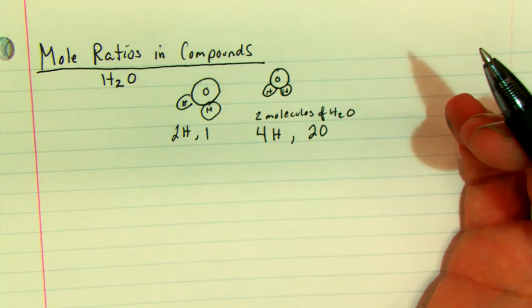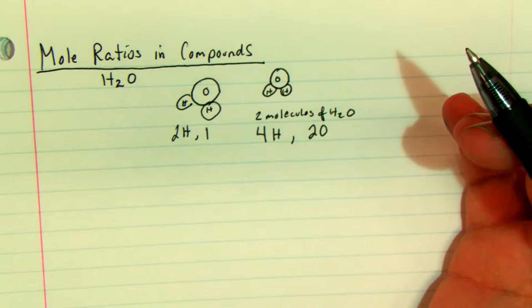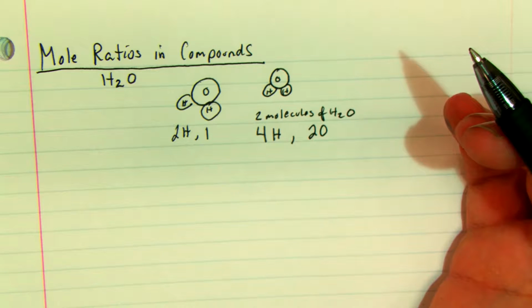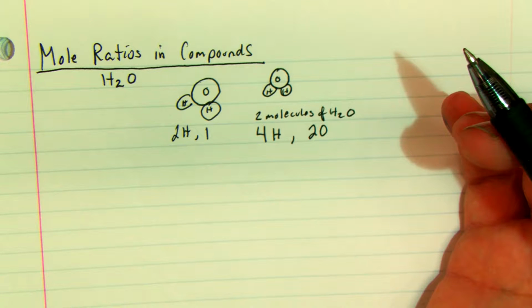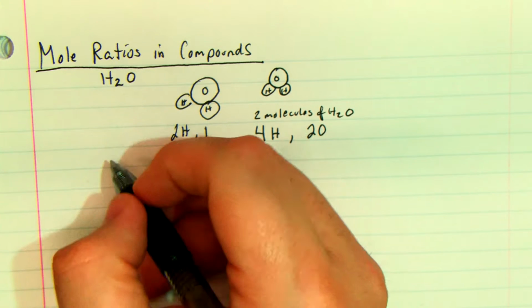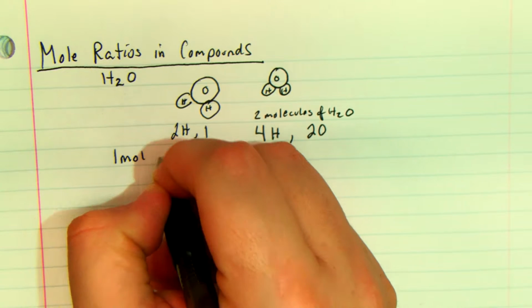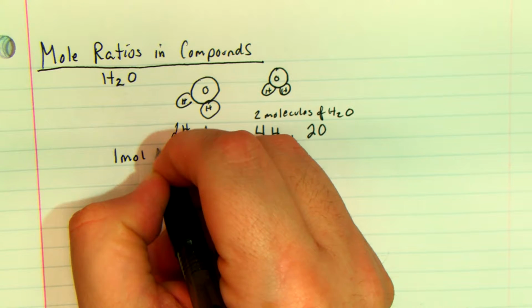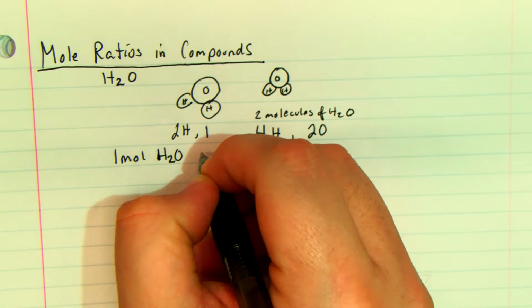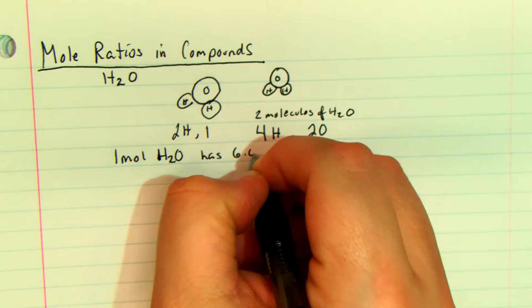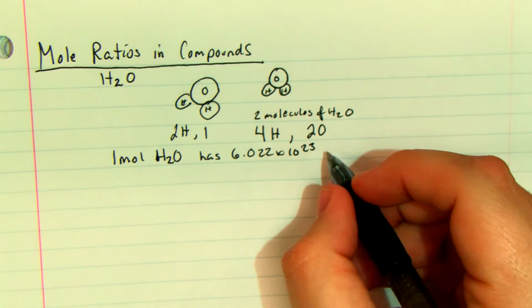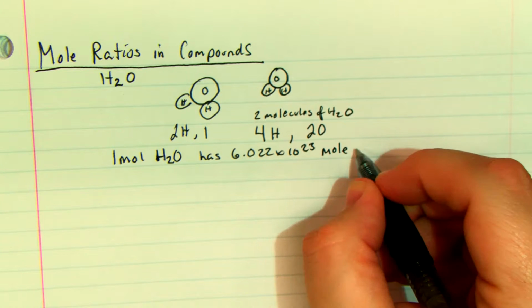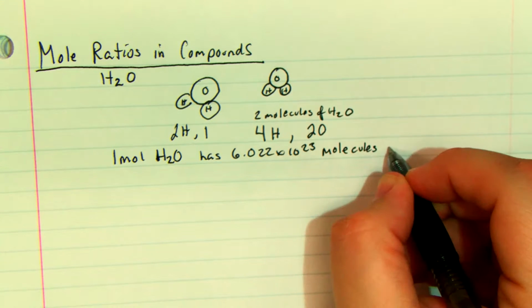Well, yes, it's Avogadro's constant, which is awesome, but it's a 4-letter word. It starts with an M. A mole. So 1 mole of water has 6.022 times 10 to the 23rd molecules of water.